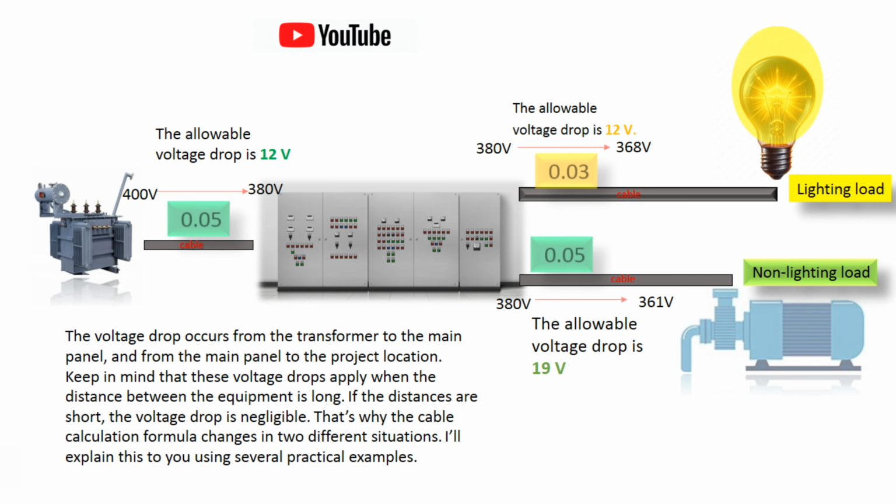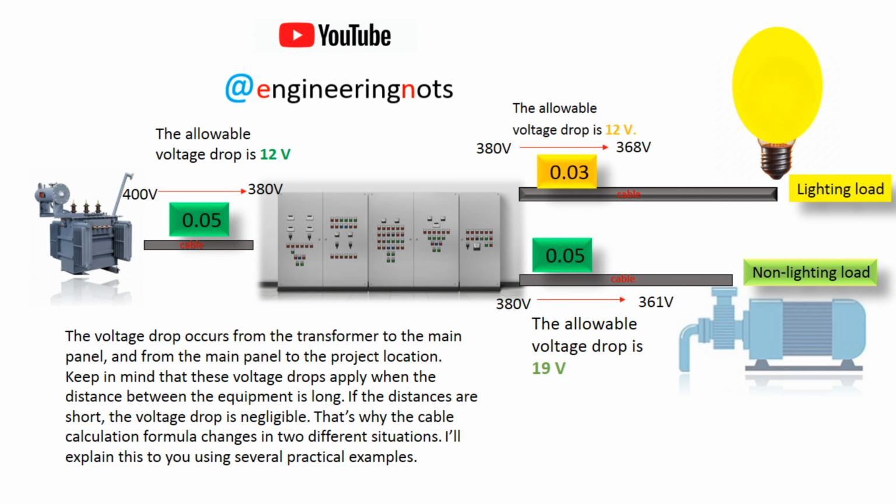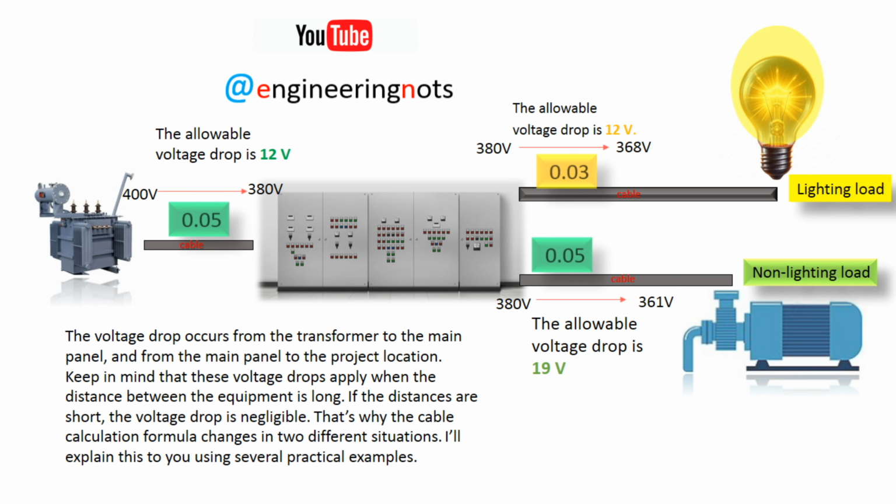The voltage drop occurs from the transformer to the main panel, and from the main panel to the project location. Keep in mind, these voltage drops apply when the distance between the equipment is long. If the distances are short, the voltage drop is negligible. That's why the cable calculation formula changes in two different situations. I'll explain this to you using several practical examples.